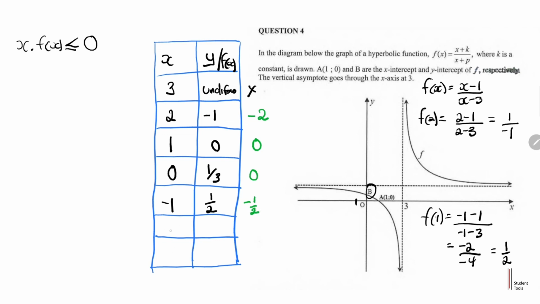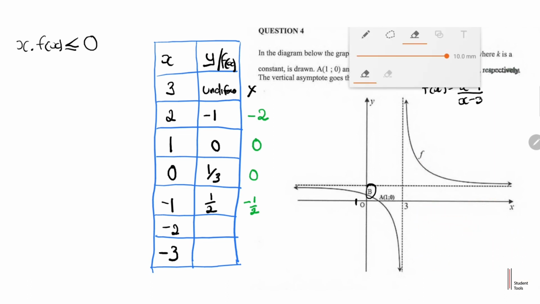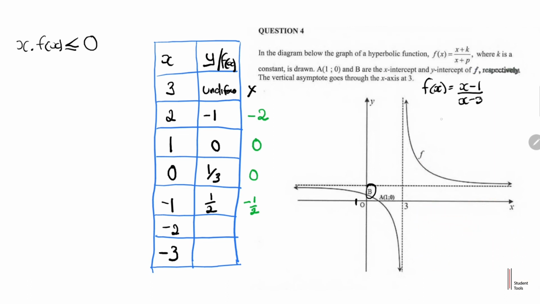So now we go on to x equal to negative 2. We proceed to x equal to negative 3. We want the y values, or f of x, of these. Let's remove this to find f of negative 2 and f of negative 3. So f of negative 2 will be equal to negative 2 minus 1 over negative 2 minus 3.